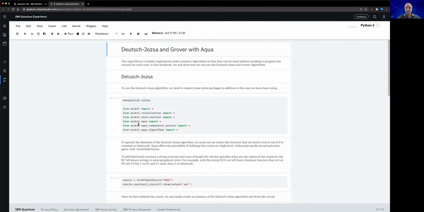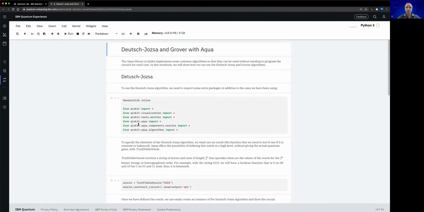And in this notebook, we are going to show how to run some algorithms that we already have programmed with a different technique. But now we are going to do this in a higher level way. So you have noticed that up to this moment, all the algorithms that we have implemented have been described at the circuit level.